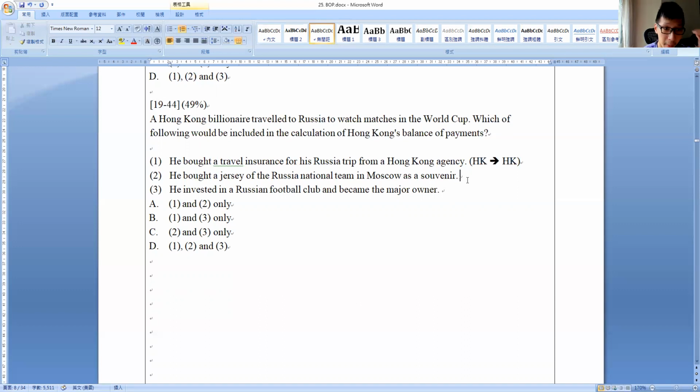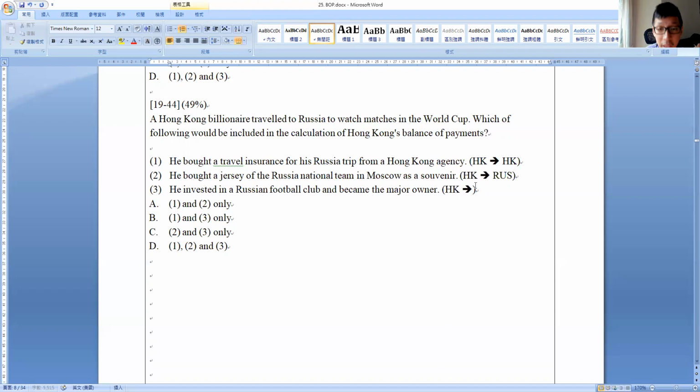But let's look at the rest too. He bought a jersey of the Russian national team in Moscow as a souvenir. So a Hong Kong person is paying money in Moscow, that would be Russia. Hong Kong pays money to Russia, then this is an outflow of money. Next, he invested into a Russian football club.